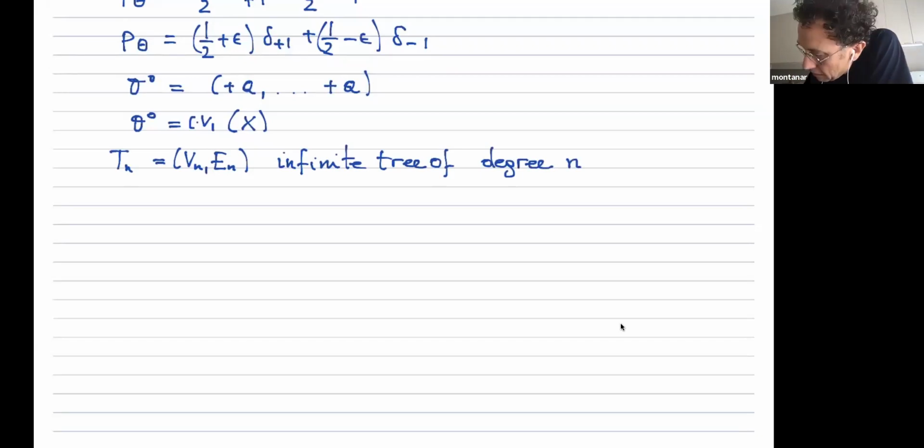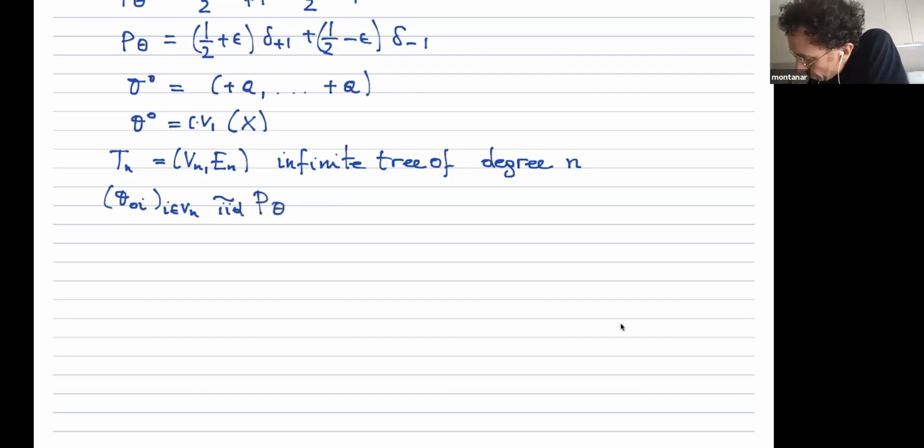And I associate to the vertices of this tree IID random variables with distribution p theta.